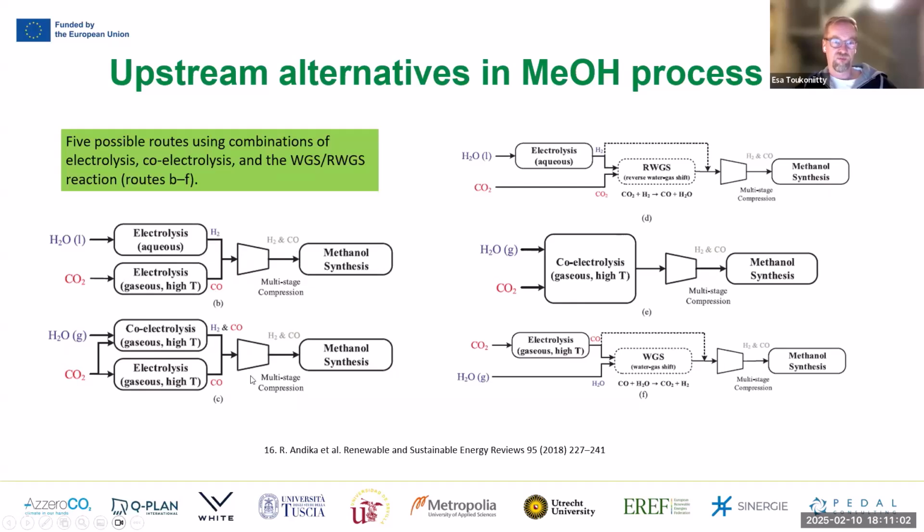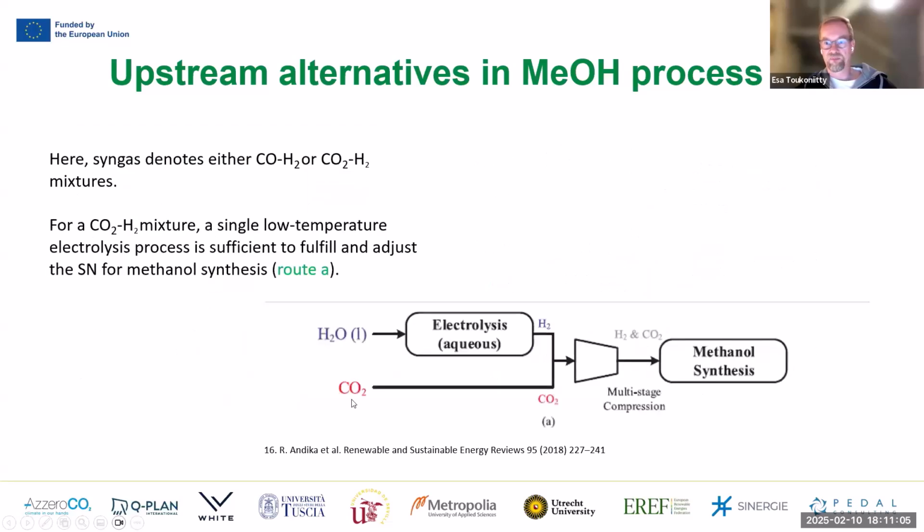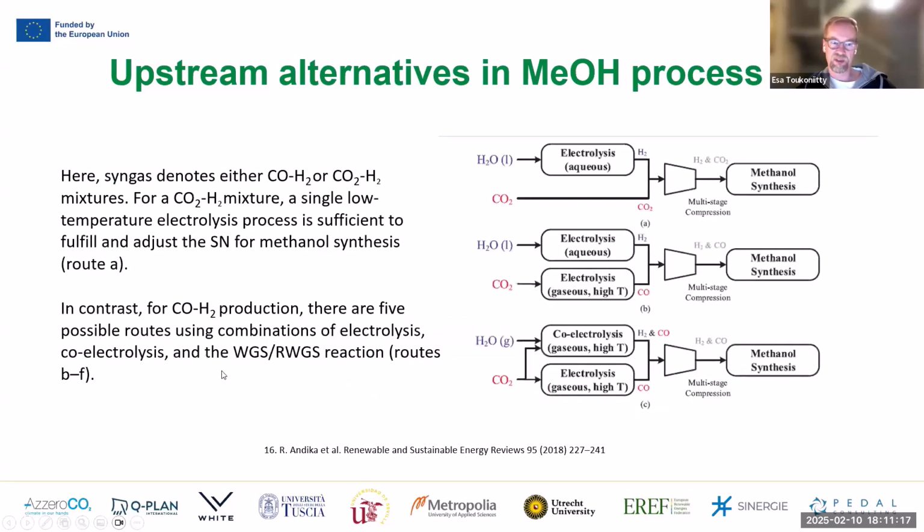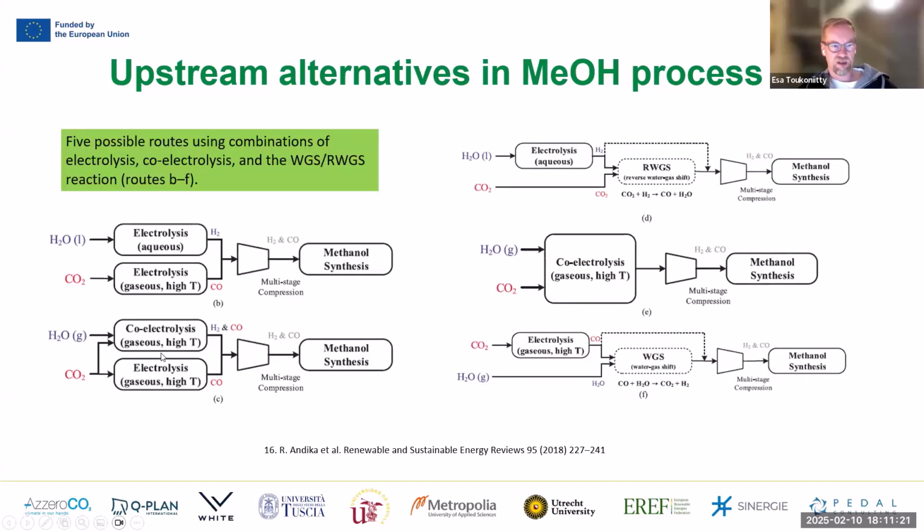So those were the raw materials in, let's say, this traditional methanol synthesis. Or no, it's this synthesis gas raw materials as well. But here's the second alternative, high temperature gaseous or co-electrolysis. So there is carbon dioxide and water processed together.